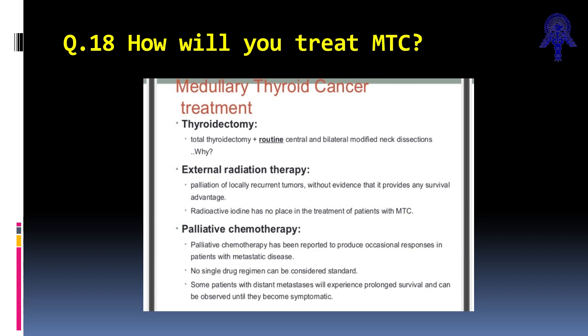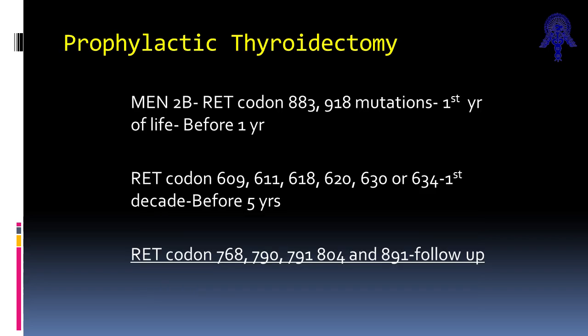I again repeat, there are 3 variations: most aggressive, moderately aggressive, lowly aggressive. Most aggressive is the 918 mutation, which implies that if the father has it, the child has to undergo total thyroidectomy before the age of 1 year, because a medullary carcinoma will develop by the age of 5 years, right? So this is about prophylactic thyroidectomy.